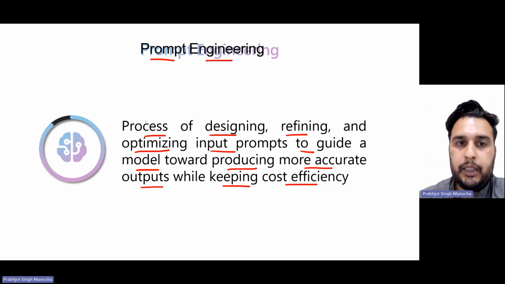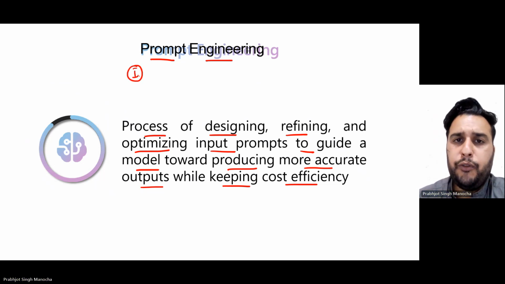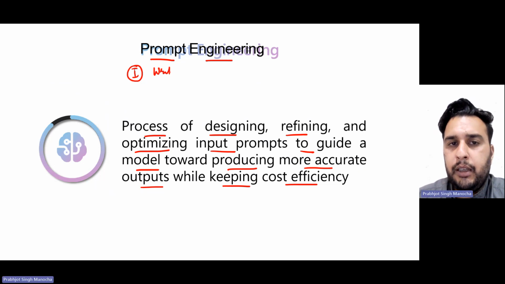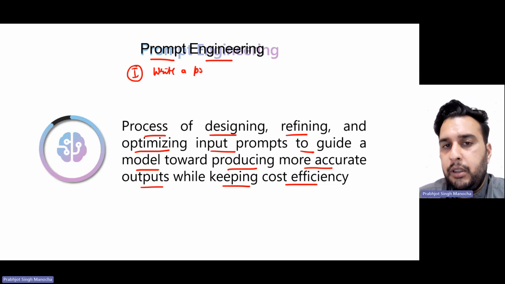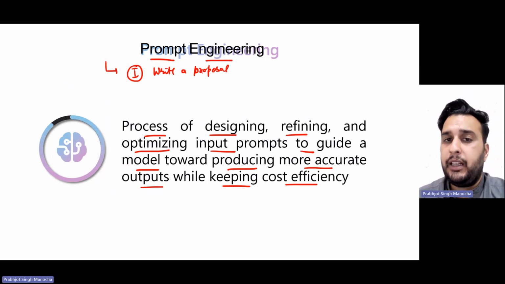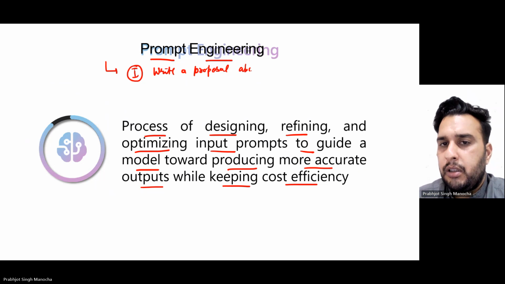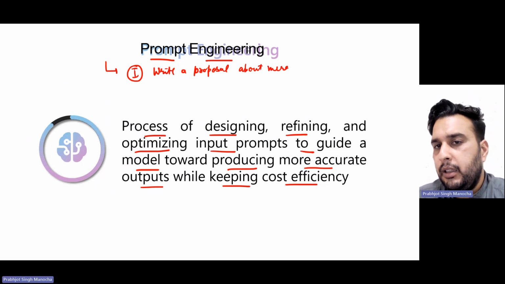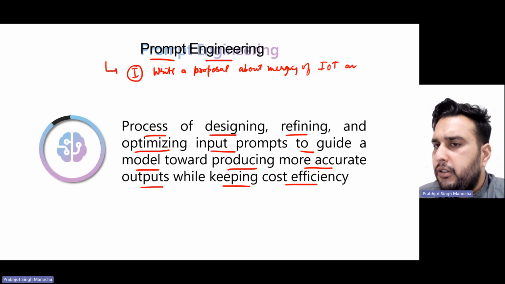For example, we give the prompt, say I just want to write a proposal. As a first prompt, I'm giving it as input: write a proposal about merging of IoT and blockchain, let's suppose.